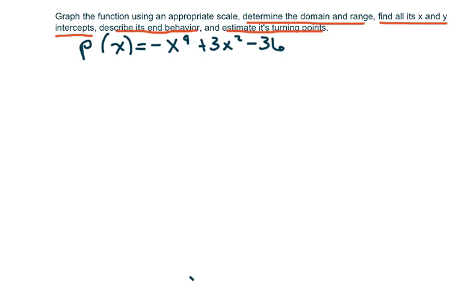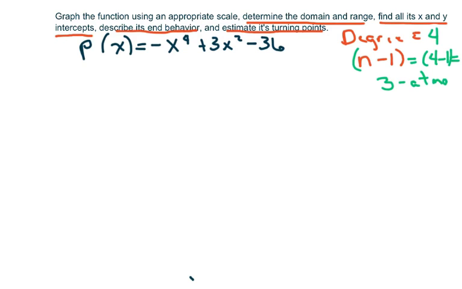Well, since our degree is 4, my turning points is going to be n minus 1. So degree is 4, so 4 minus 1 is 3. So it can have at most 3 turning points, but we're going to graph this and see.